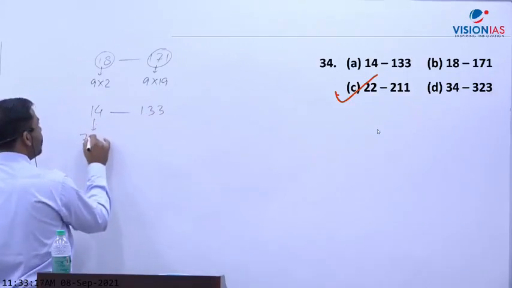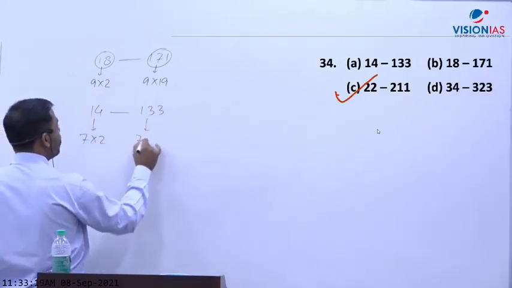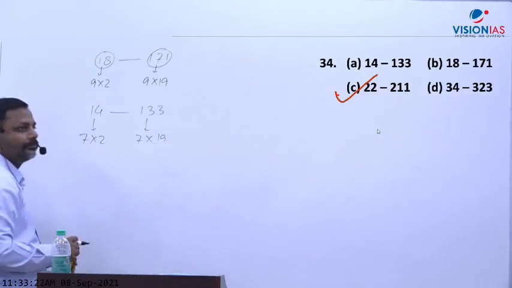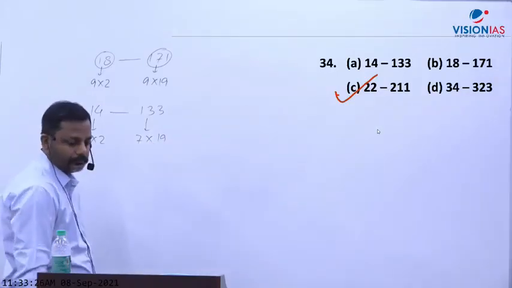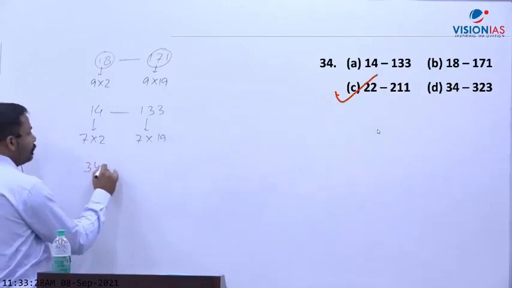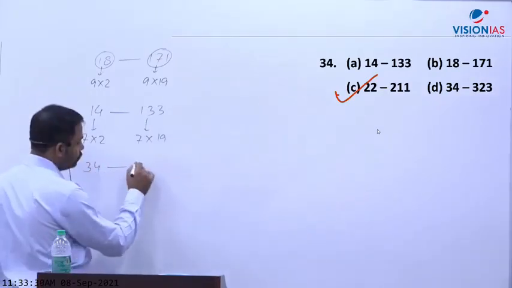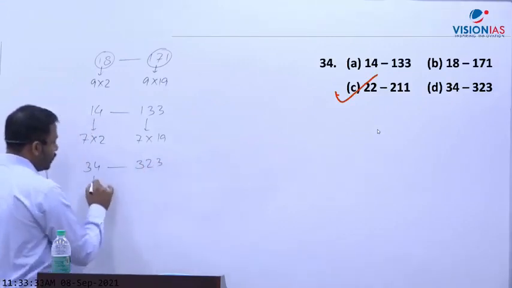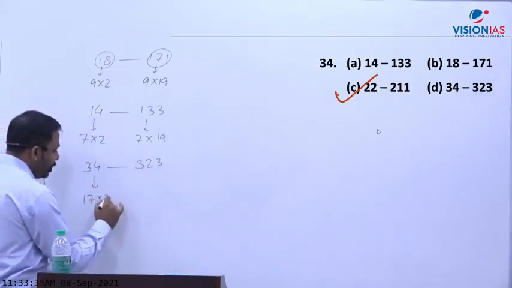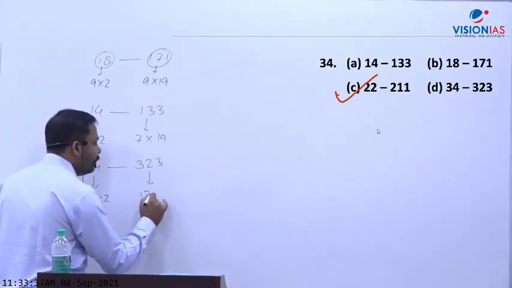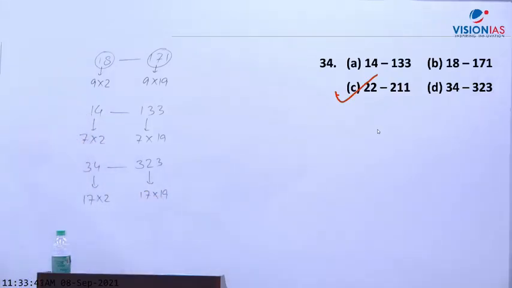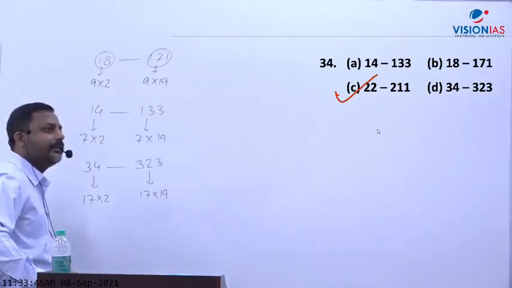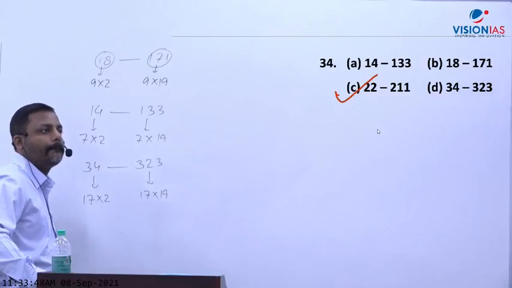So this number is 7 multiplied by 2 and this number is 7 multiplied by 19. And in the third option also, this number is 17 multiplied by 2 and this number is 17 multiplied by 19. Is it clear, Devendra?